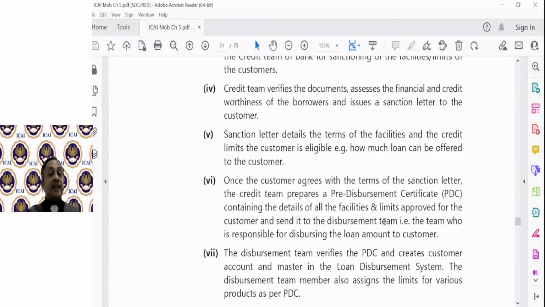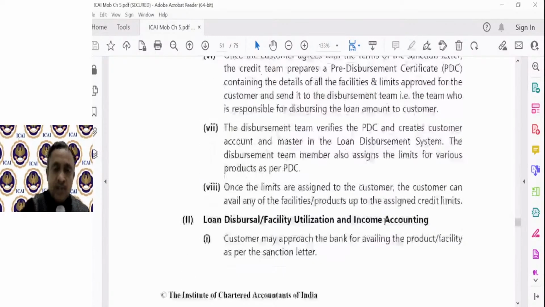So if you are looking at a process, the pre-disbursement certificate will be more relevant where the result of the process is an asset of a bank. What is an asset of a bank? Advance. So pre-disbursement certificates are relevant for advances, not for deposits per se. The PDC contains the details of all facilities and limits approved for the customer and is then sent to the disbursement team, the team responsible for actually giving the cash to the customer.